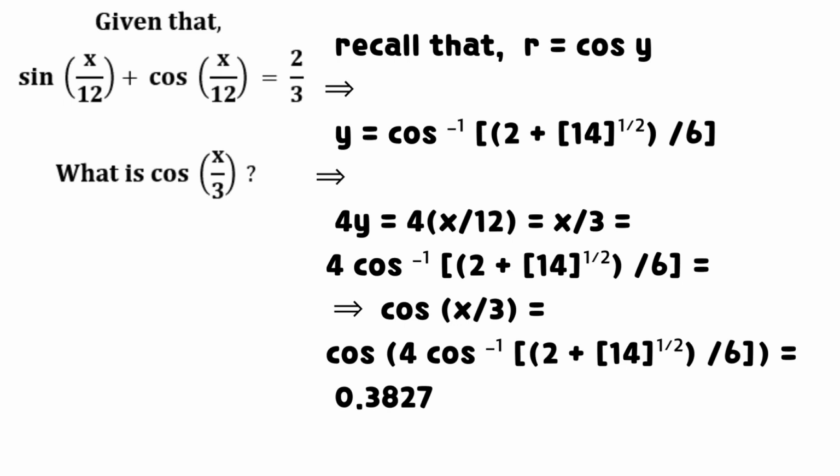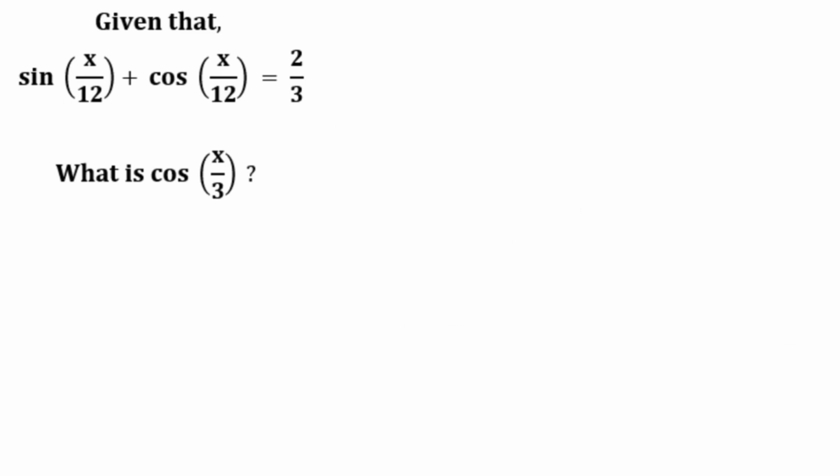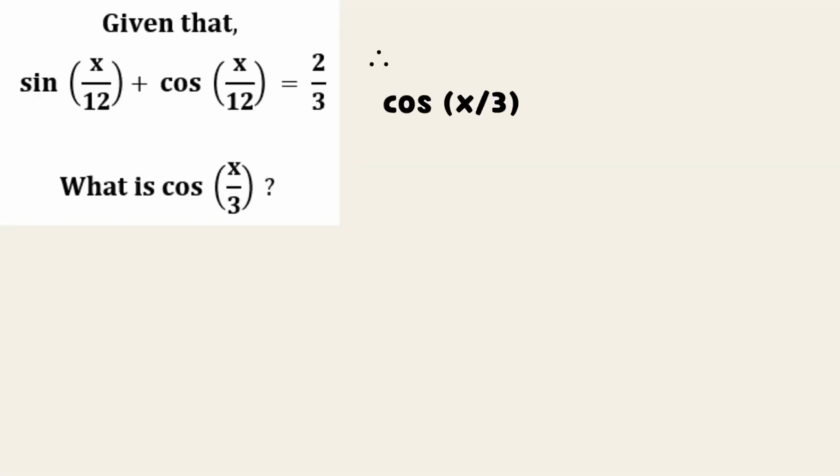Thus, cosine x divided by 3 equals cosine of the product of 4 and the cosine inverse of the sum of 2 and the square root of 14 all divided by 6, which equals 0.3827. Therefore, cosine x divided by 3 equals 0.3827.